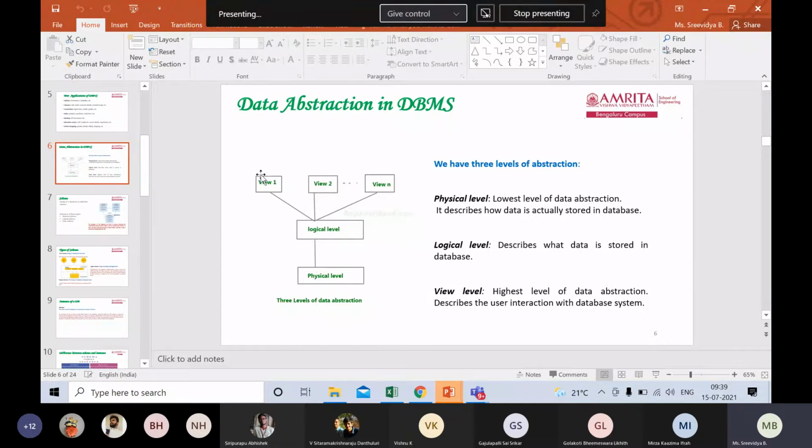Then above that, we have what is known as the view level. The view level is the one where all the users fit in. In the view level, we are going to consider the way in which you interact with your database system.